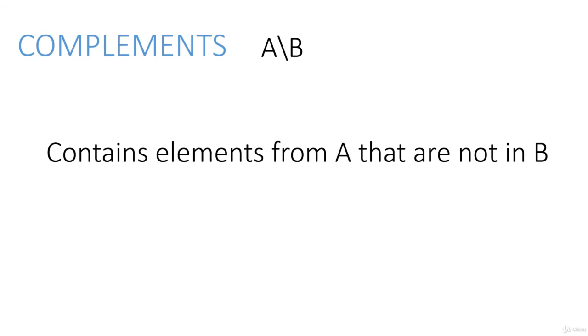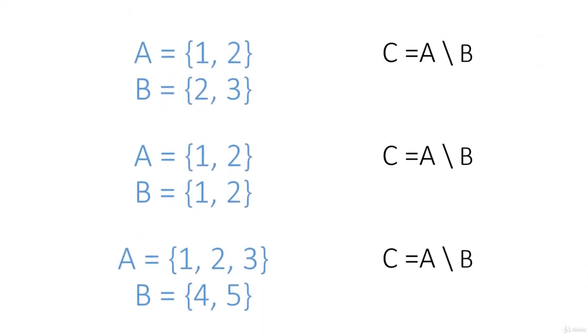If I have here set A containing 1 and 2, and then I have here set B containing 2 and 3, the complement is described by this turned divide sign, and the result is a set that contains elements from A that are not in B.